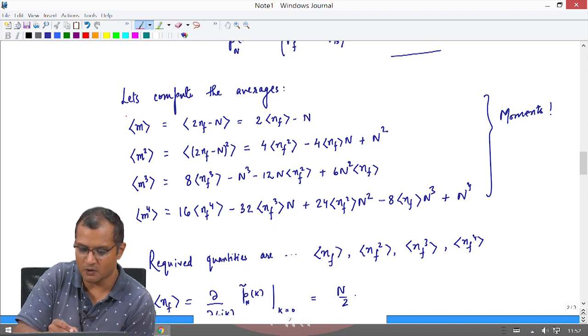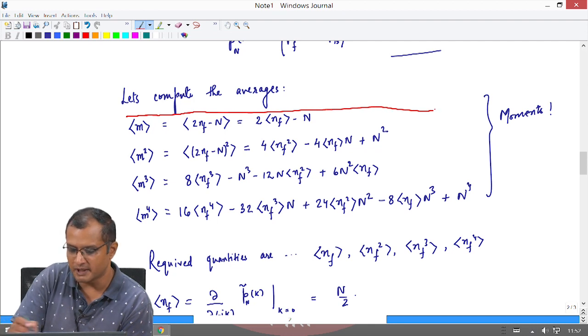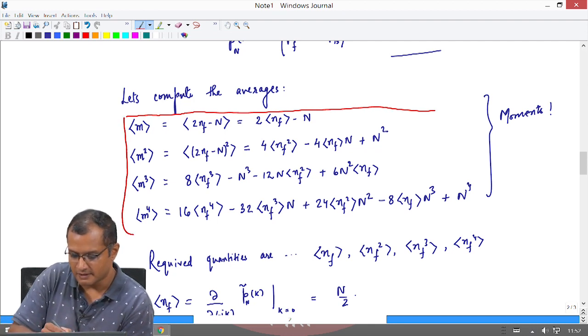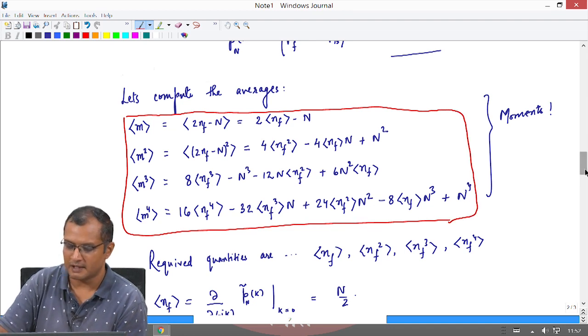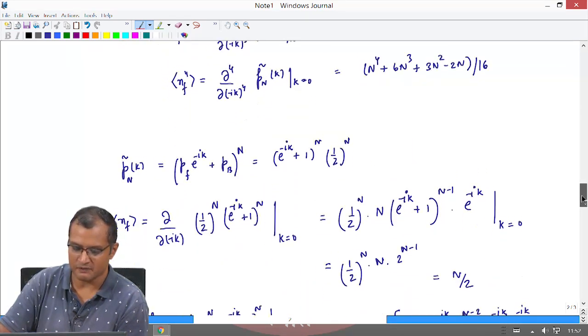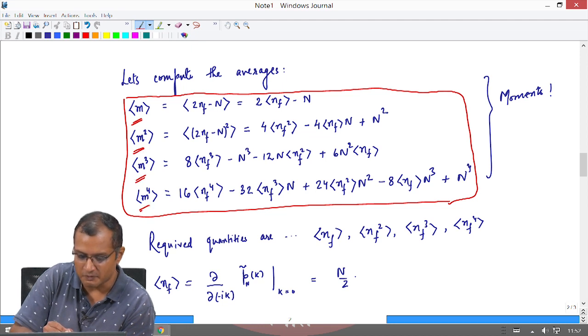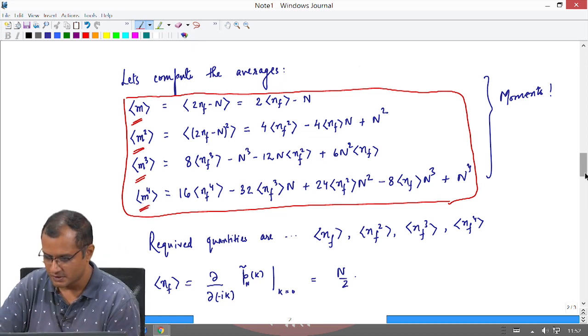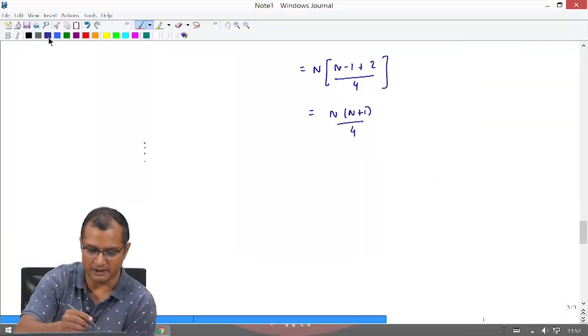After you find all the moments of n_F, you are supposed to plug it here in the right hand side. Okay, and then you will get the values for all these m's: the second moment, third moment and the fourth moment. So the moments of the net displacement are then straightforwardly calculated.